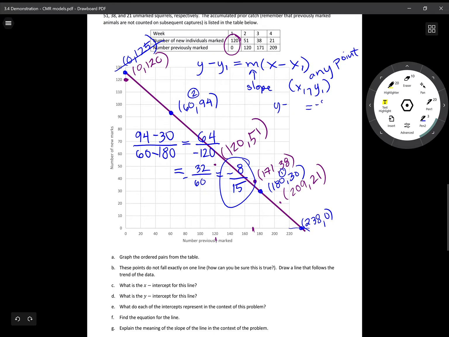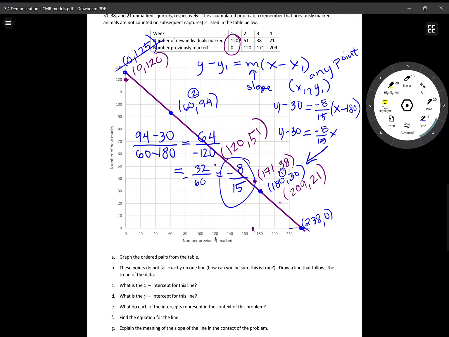So I can fill in the slope part of this. And then all I need is a point, and I just picked out 2 points. So take your pick. I'm going to choose my point 1 just because that 180 and that 30 looks like it might be nice to do the arithmetic with. So my y value of my point is 30. My x value is 180. Okay, so I have y minus 30 equals negative 8/15 times x minus 180. Ooh, do I want to do that in my head?